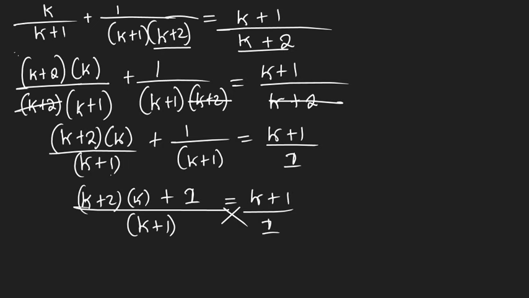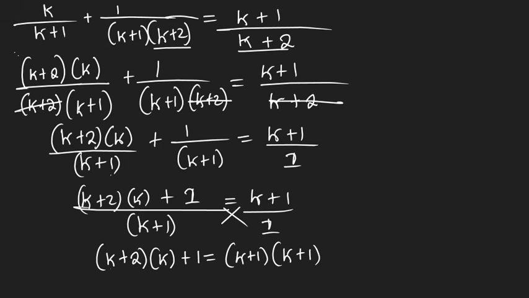Then you cross multiply. So it implies you're going to have K plus 2, then K here, plus 1 is equal to K plus 1 there, K plus 1 there.